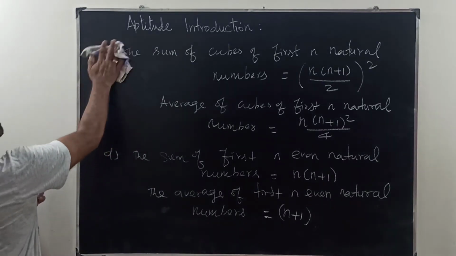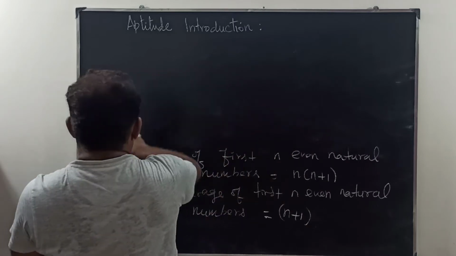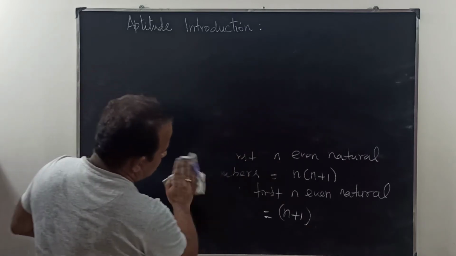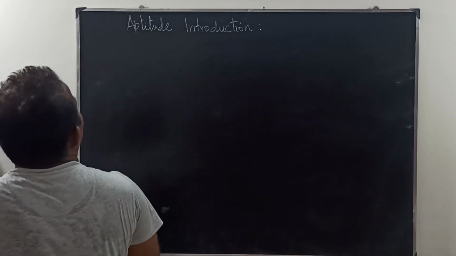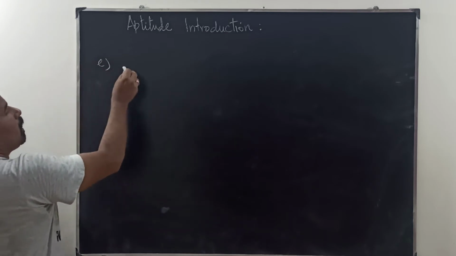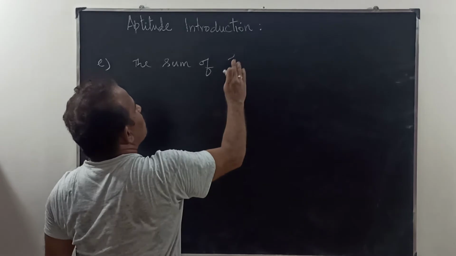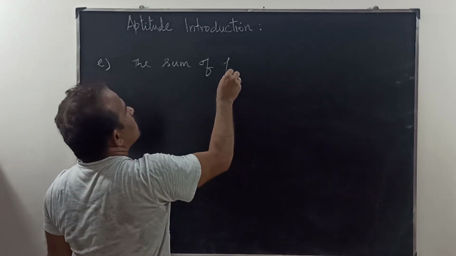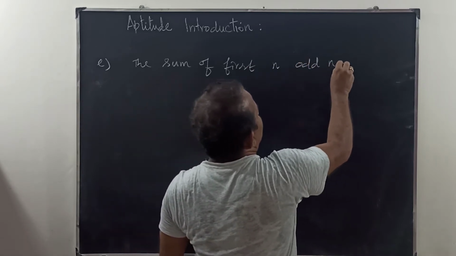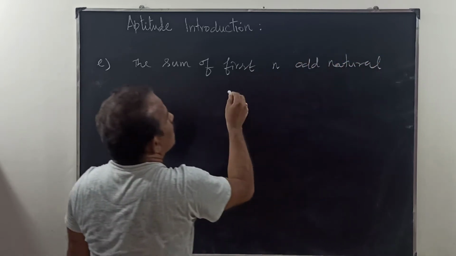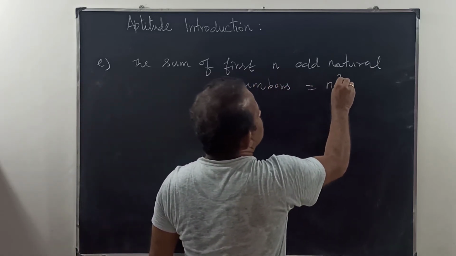Then E, the sum of first n odd natural numbers is equal to simply n square.